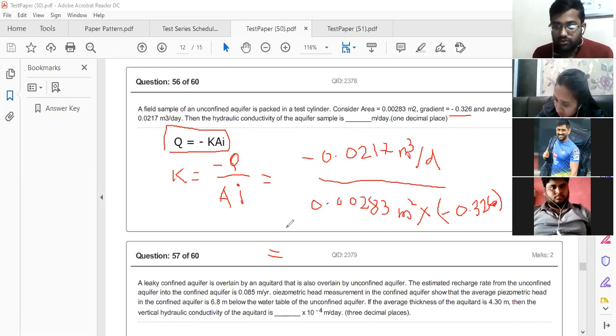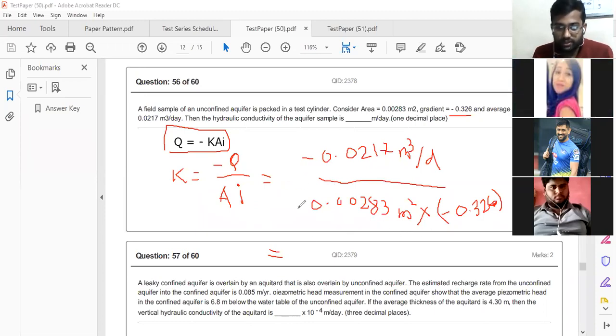You can consider this minus sign of the formula, so in that case you need to consider your gradient in minus.